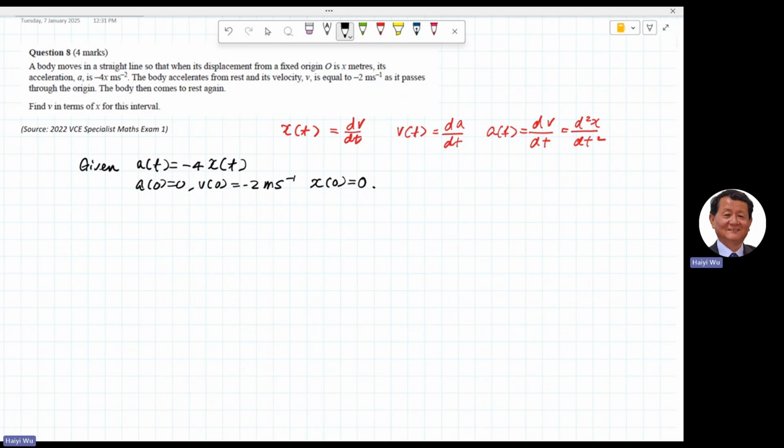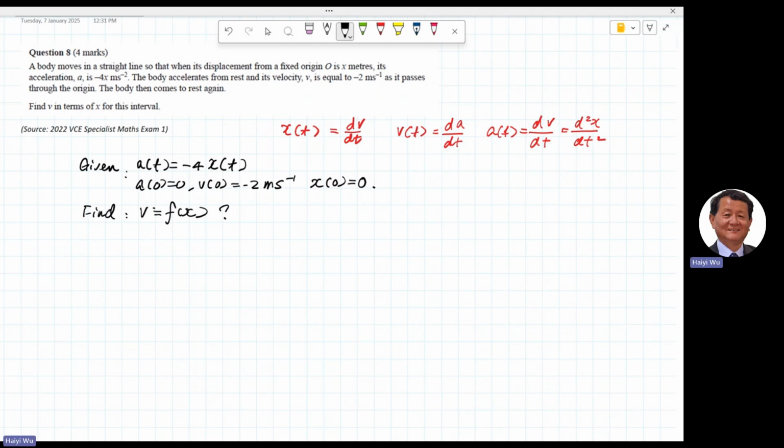We've been given those conditions. So we need to determine the velocity as a function of x.